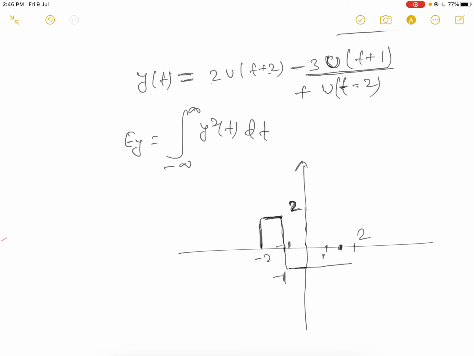At 2, the magnitude is -1 and unit 1 is added, so -1 plus 1 is 0. After 2 it will be 0.